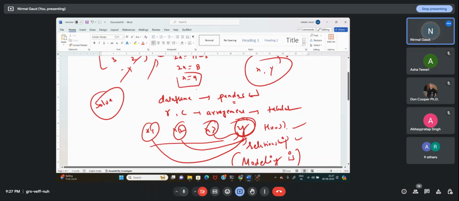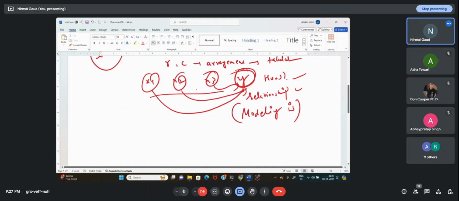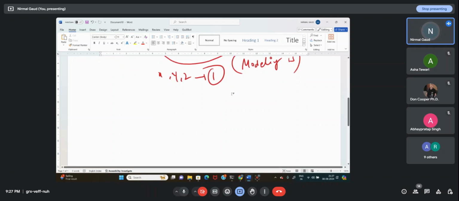Certainly right now we are dealing with linear algebra. So linear equations are there. That means the degree of x, y, and z is all 1. That's why it is linear. But it's not mandatory that it's always 1.